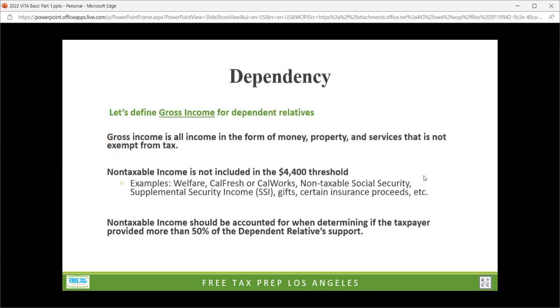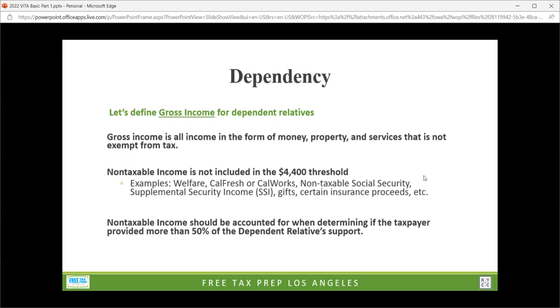Before we move on, let me speak a little bit about what gross income is. Gross income is all income in the form of money, property, and services that is not exempt from tax. Non-taxable income is not included in the $4,400 threshold. What is non-taxable income?